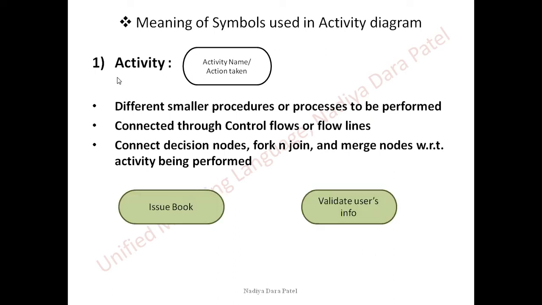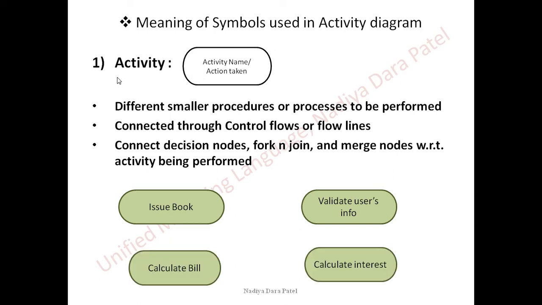So issue book, validate user's information, calculate bill, calculate interest, such are the activities. If you're confused about what an activity is, it is anything which is just a smaller process. Issuing a book includes taking a book, checking whether the member is part of our library or not, and then issuing it.